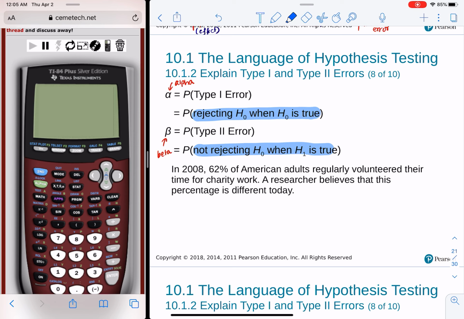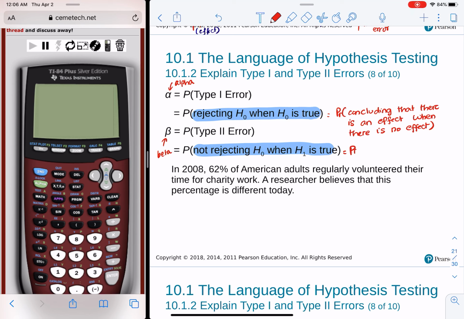So I have defined rejecting the null when the null is true. In other words, you're concluding that there is an effect when there is no effect in truth. So that is the type 1 error.